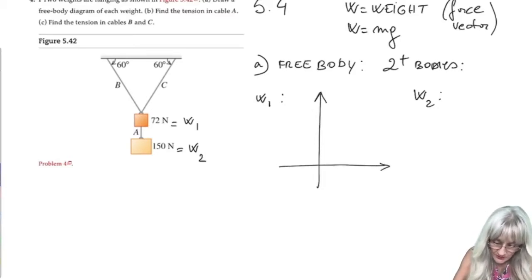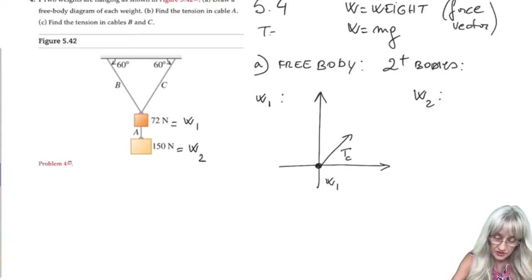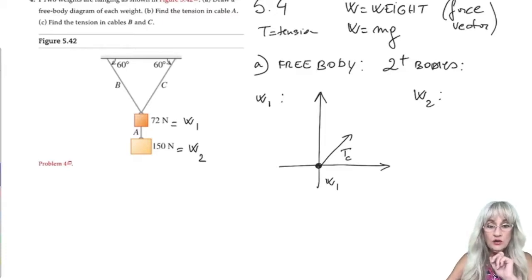So weight 1, I'm going to place it right there at 0, 0, the origin. This is weight 1. You will see that from weight 1 departs a cable, so a tension in the cable, T of C. Remember, T for tension from now on. T of C is the tension in the cable.